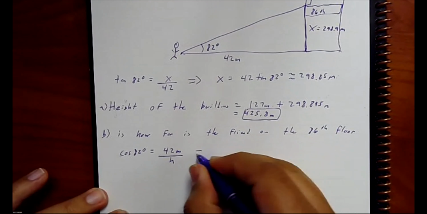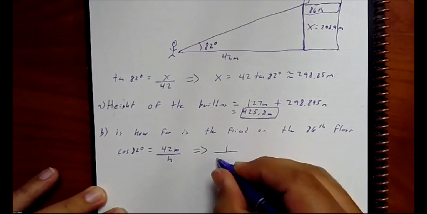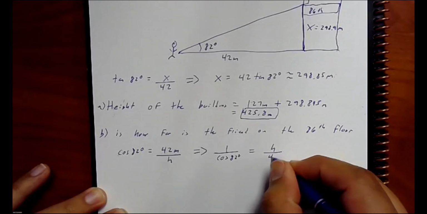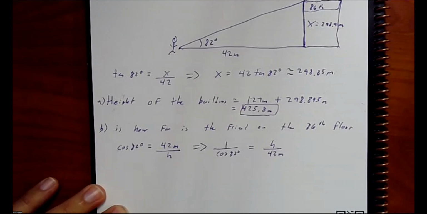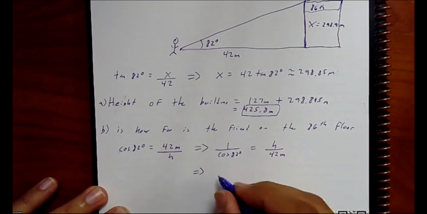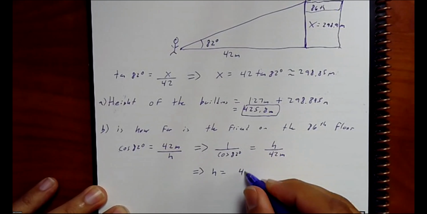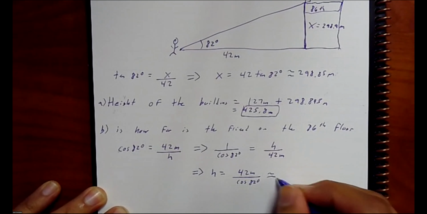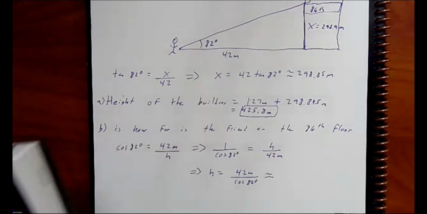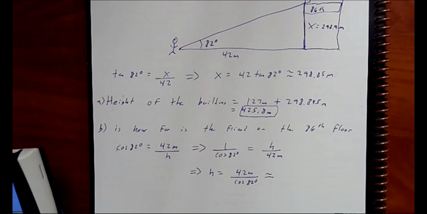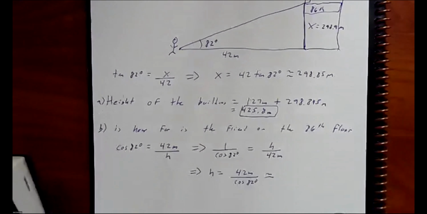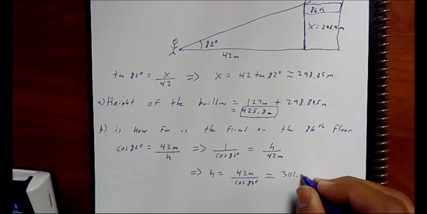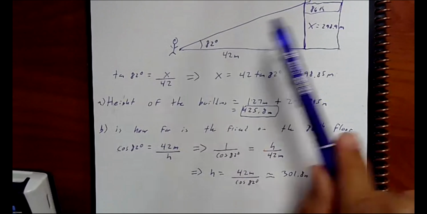If I flip both sides over, you agree that would be 1 over cosine 82, taking the reciprocal of both sides. Multiply both sides by 42 meters. That would give us h equal to 42 over cosine 82 degrees, whatever that is. So 42 divided by cosine 82. That would be the distance from the person on the ground to the 86th floor.